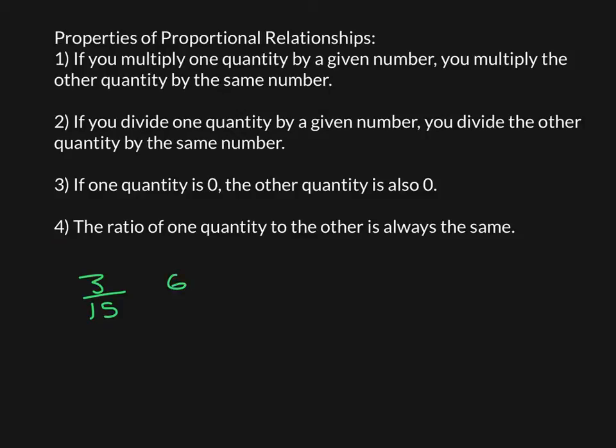We had 6 over 30. We had 5 over 25. All of these ratios, if we simplify all of these, we get the same value, which is 1 over 5.